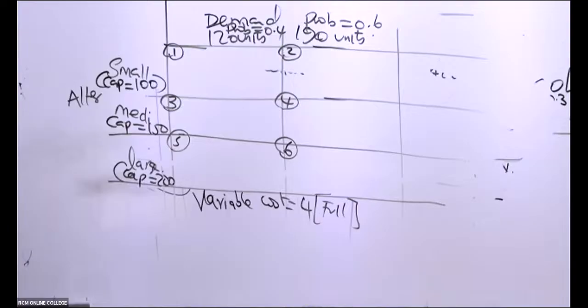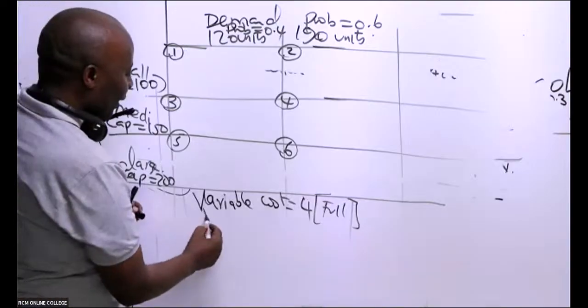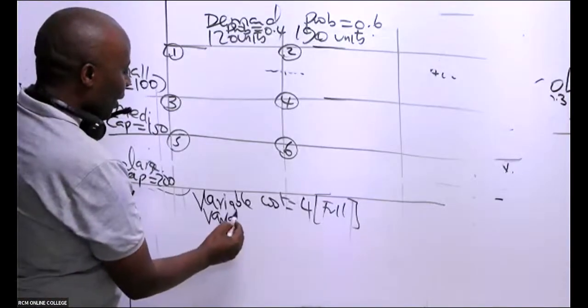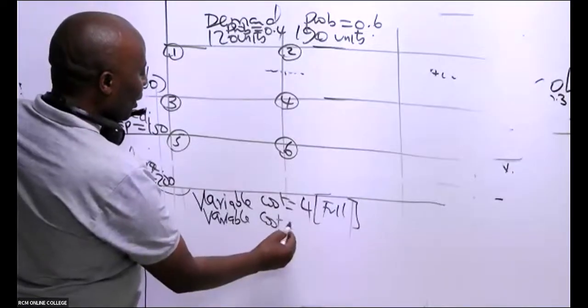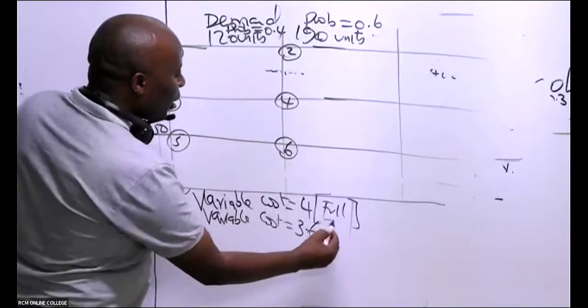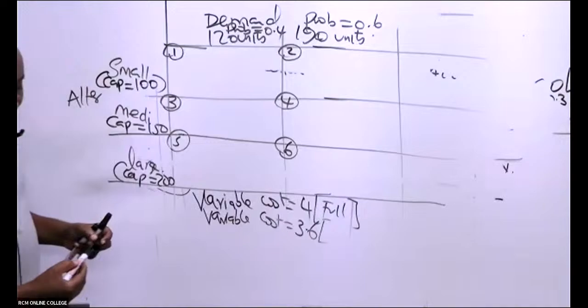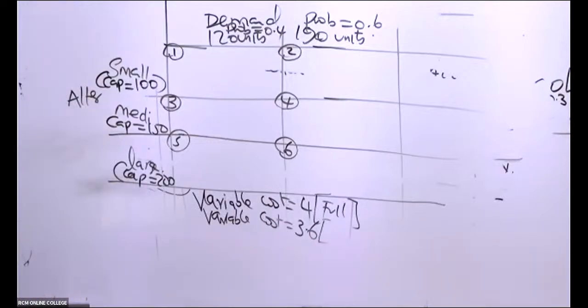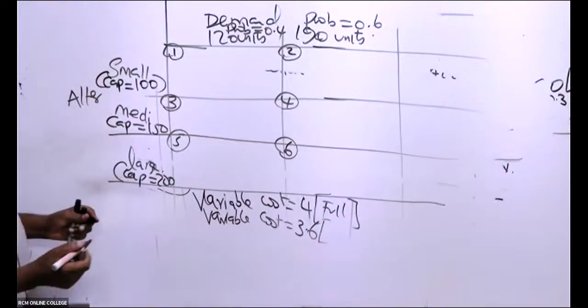And then we have another variable cost. There are 2 variable costs. If you have inner eyes, you will see it. Yeah, 3 point what here, somebody? 3.6.